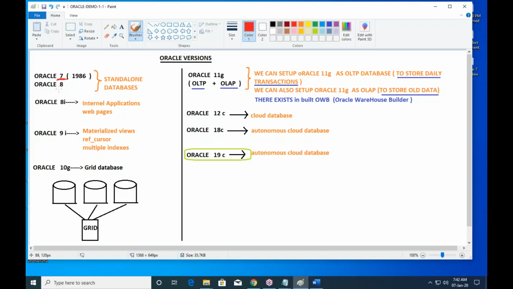After that, they released Oracle 8. These two databases are known as standalone databases. Don't miss this point. What is a standalone database? A simple example: suppose you have installed Oracle 8 in your system.